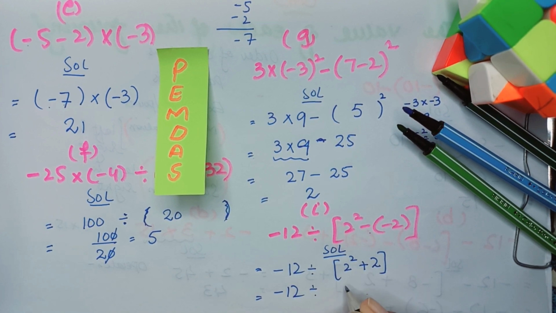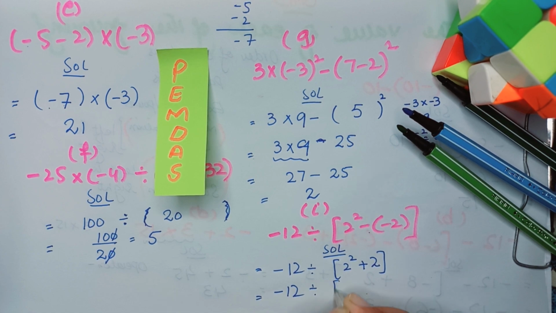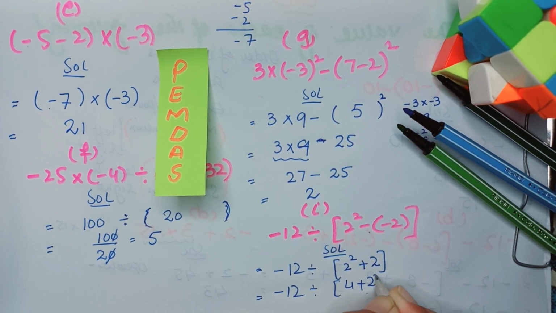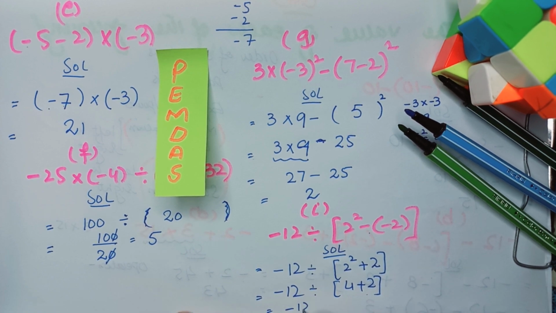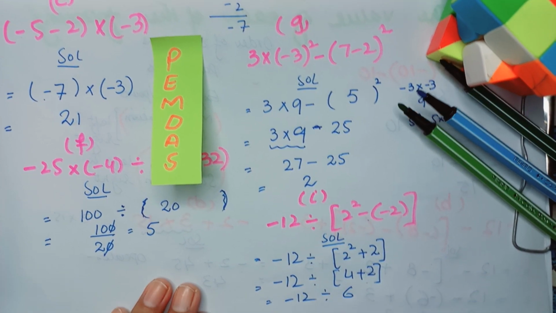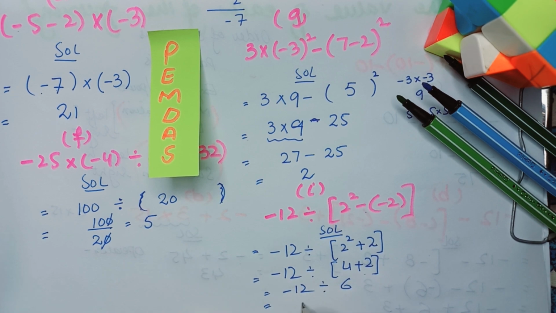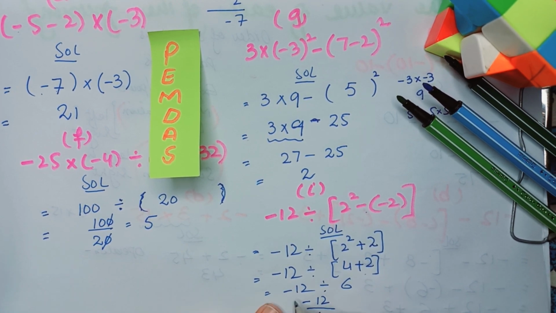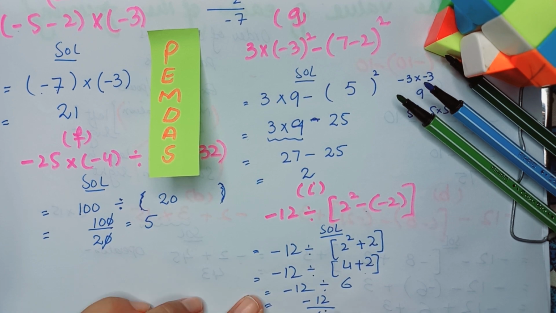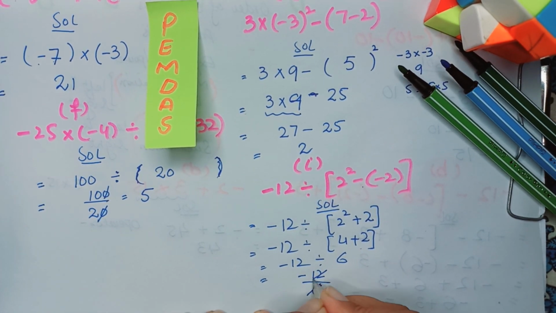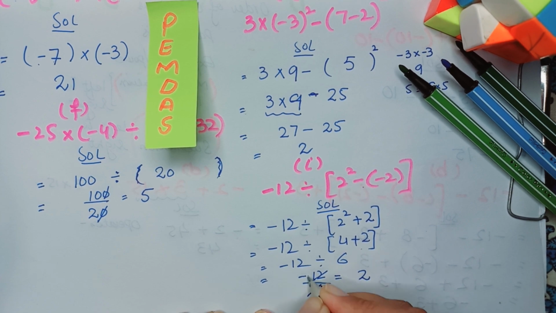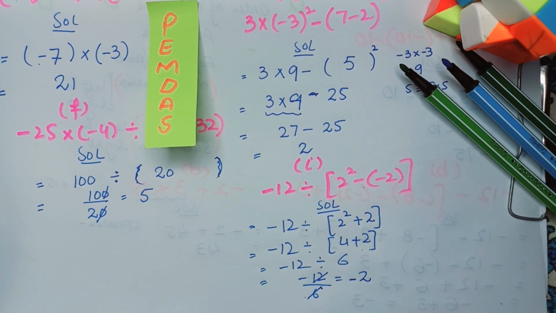So 2 square means 2 times 2, which is 4. 4 plus 2 gives you 6. Now you have just division, a negative number and a positive number. So you will divide it and you will get 6 times 2, and minus plus would be minus.